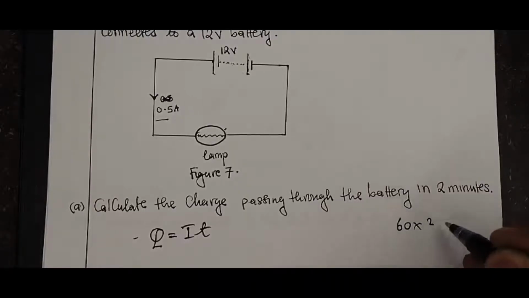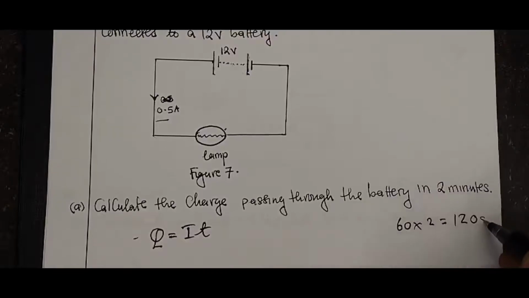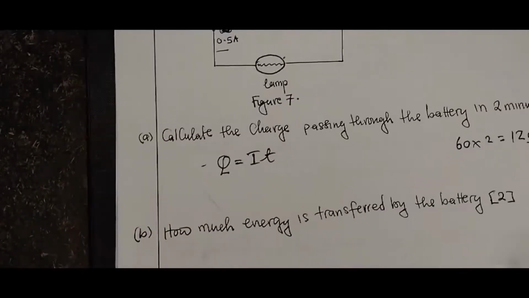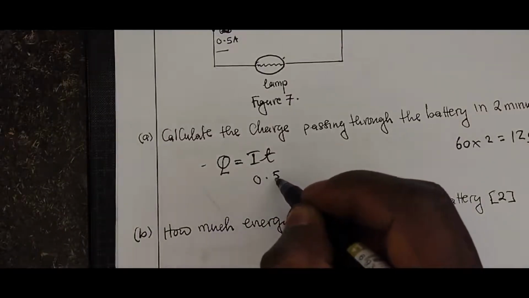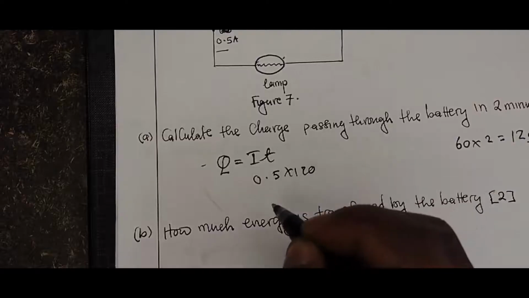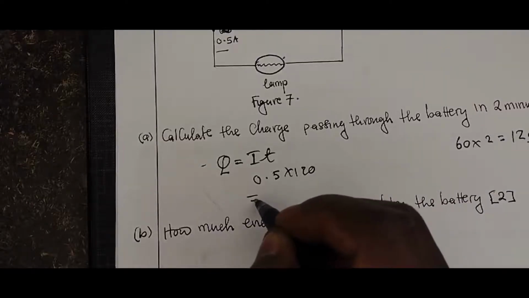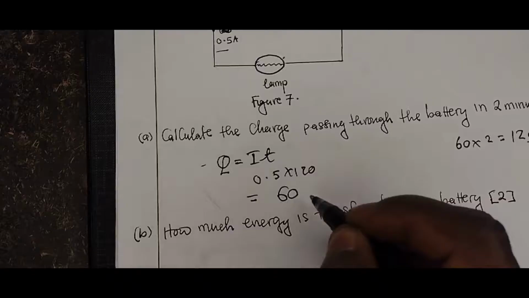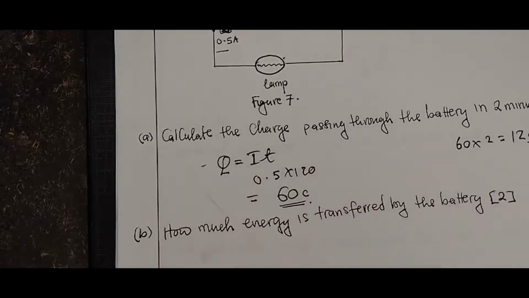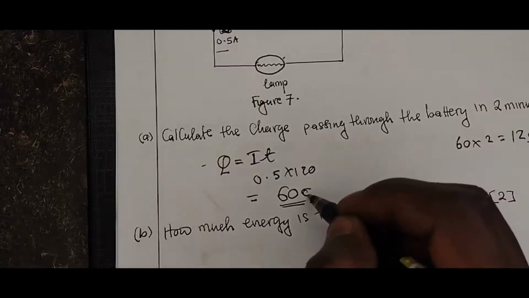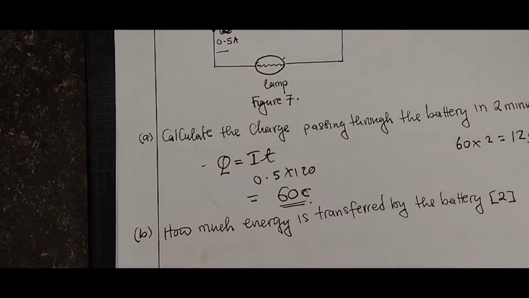So times this 2 gives us 120 seconds. So the time is 120 seconds that we are going to use. Current is 0.5 multiply 120, and therefore the charge in this case is 60. What are the units for charge? Coulomb, abbreviated as C.